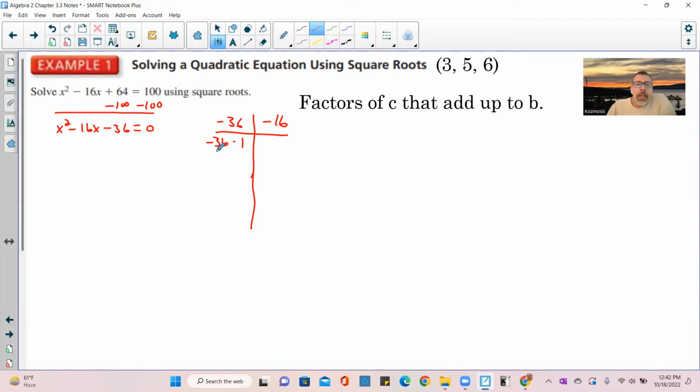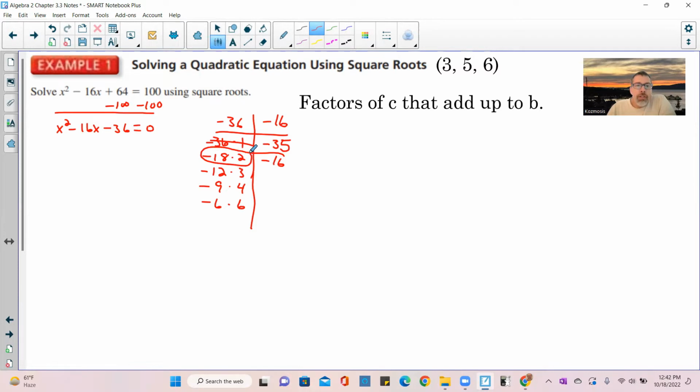So 36 times 1, 18 times 2, 12 and 3, 9 and 4, and 6 and 6. So I want the sum of these now. That's negative 35. It's not negative 16, so it's not the answer. Negative 18 plus 2 is negative 16, and that's what I was looking for.